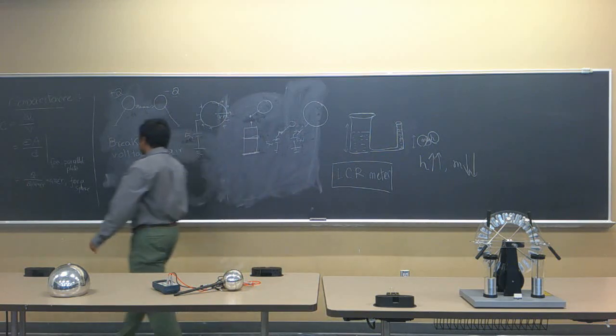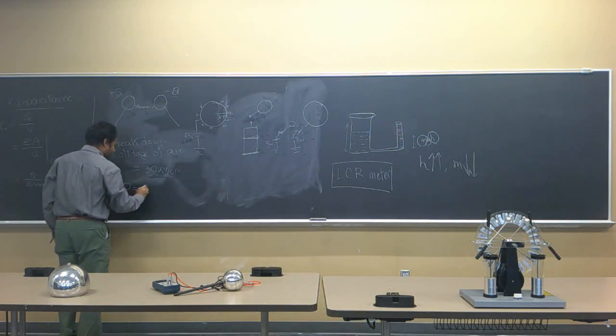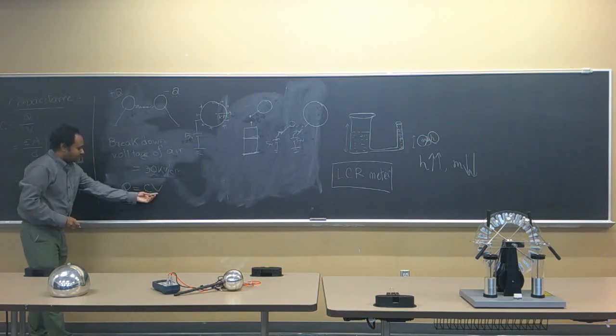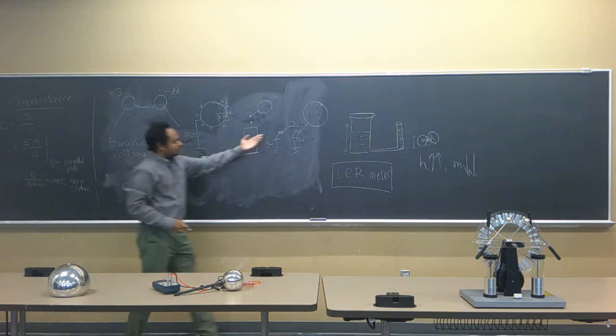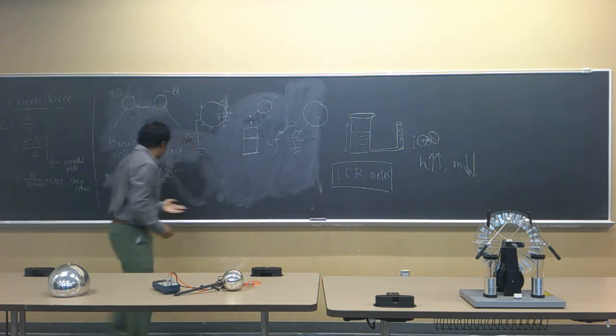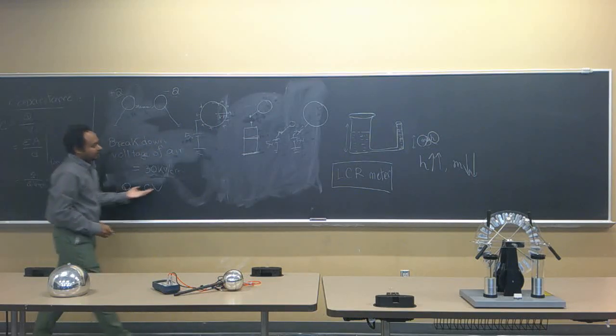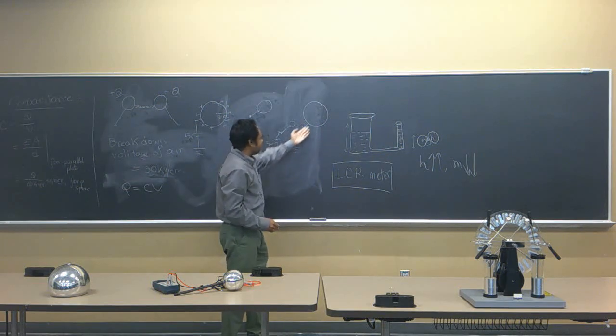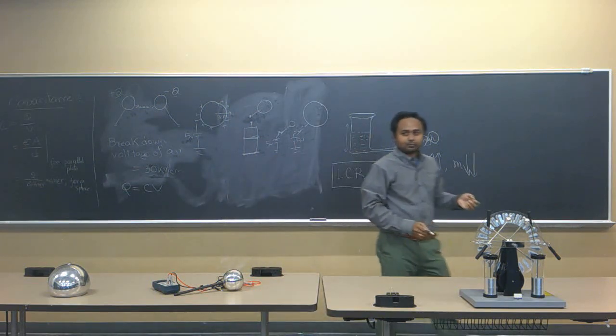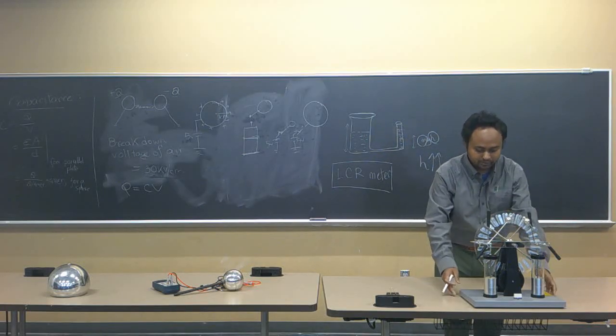Always remember that Q is CV. The smaller guy has a lower capacitance, so to get it to the same voltage, we need less charge. On the other hand, the bigger guy will need a large amount of charge to get to the same voltage point.